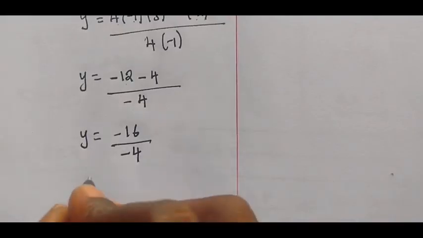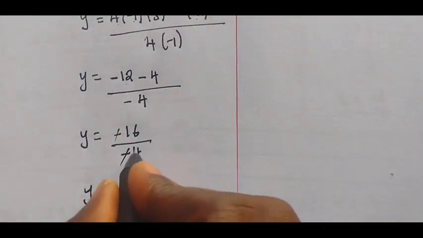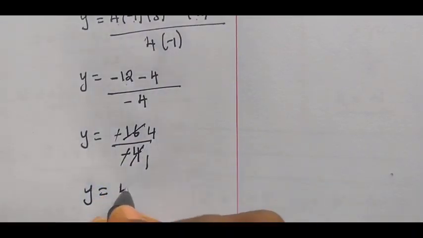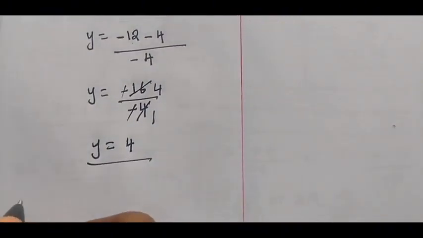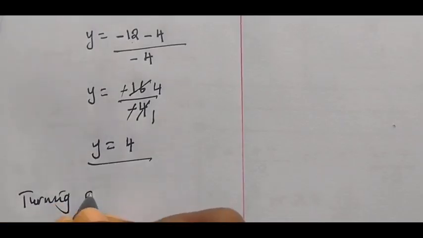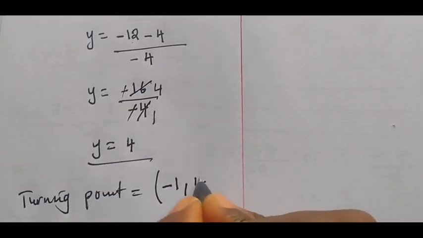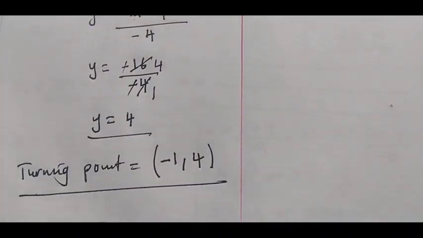So from here, we cancel negative and negative out. For here 1, for here it's 4. So y is equal to 4. Therefore, the coordinates of the turning point will be equal to, remember our x was -1, our y is 4. So this is our answer.